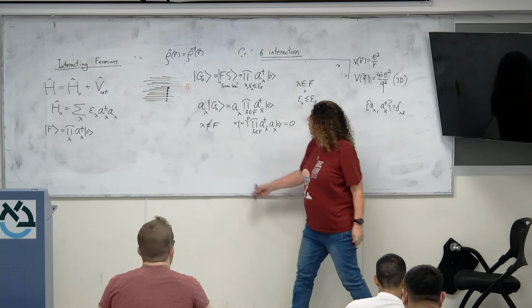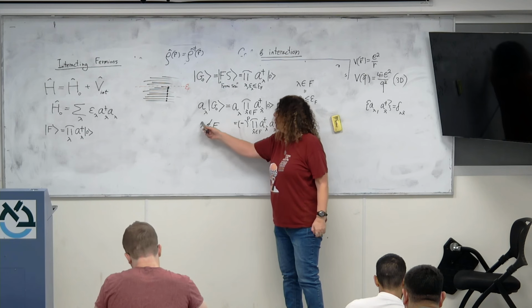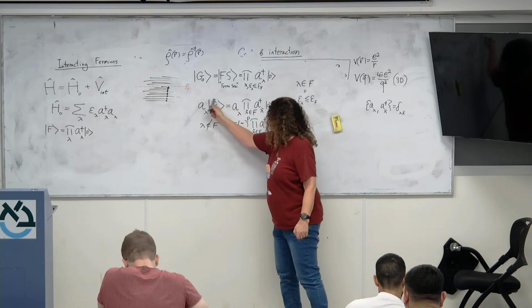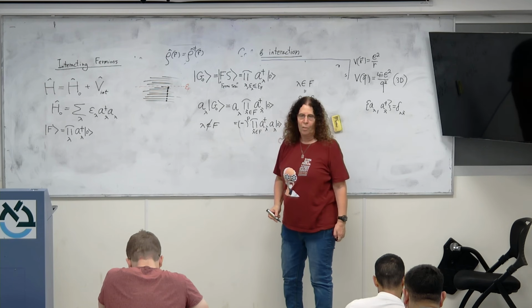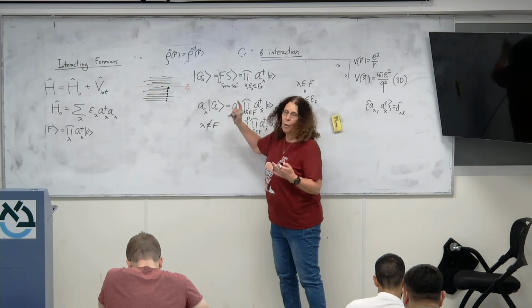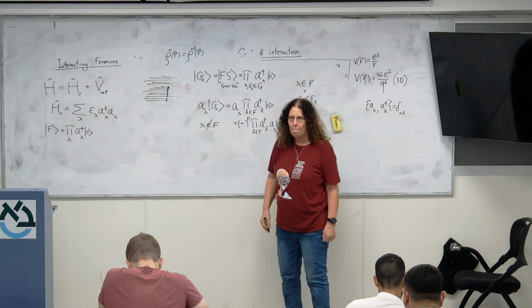So A lambda for lambda not in the Fermi sea is playing the role of an annihilation operator with respect to this ground state.